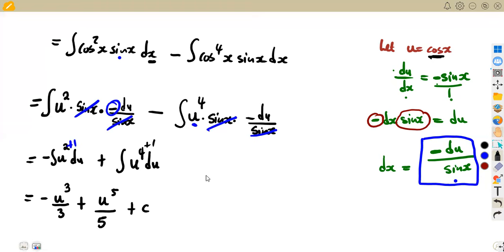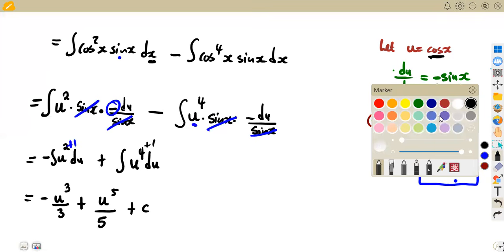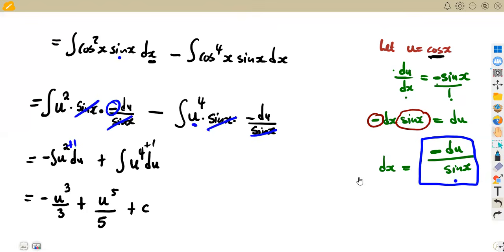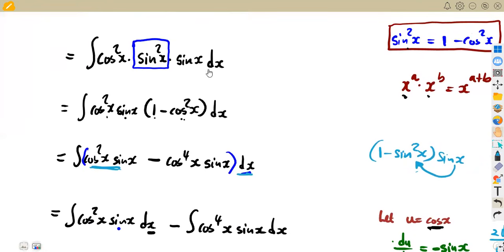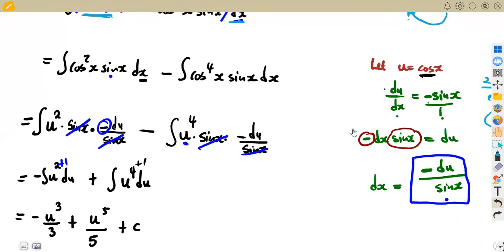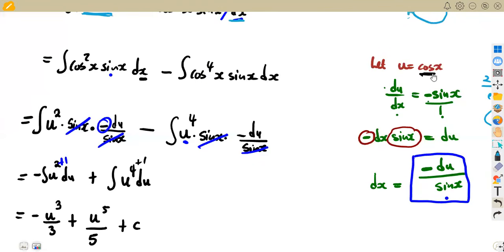Plus the constant of integration. But remember, this whole part that we had was not taken from u, it was taken from x. So our answer is supposed to carry x in this case. Let us go back to our substitution. U is equal to what? Cosine of x.